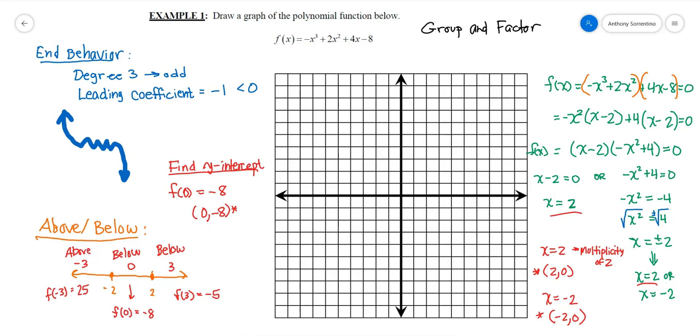The cool thing about doing this is it has also given me additional points that are on the graph, because this indicates that I have a point at (3, negative 5). This indicates that I have a point at (negative 3, 25). So that has given me the points on the graph.